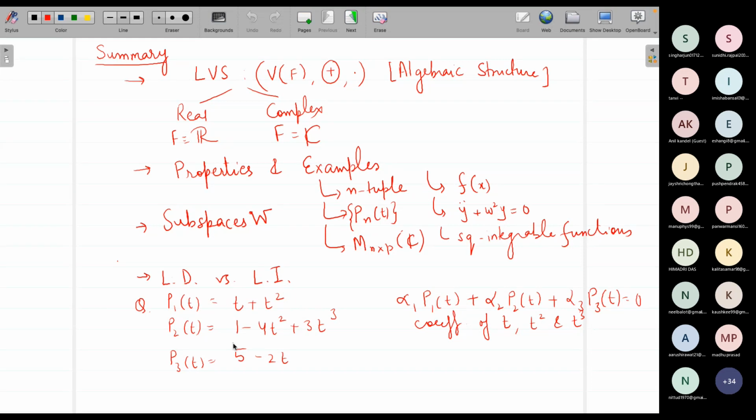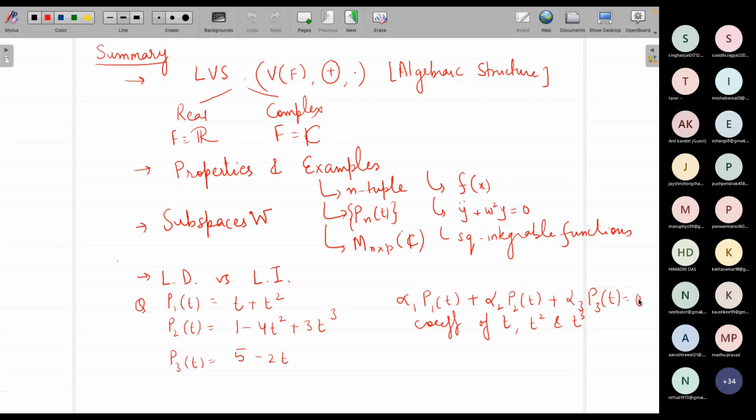Towards the end, I gave one of the problems and I asked you to figure out whether the set containing P1, P2 and P3, three polynomials, was linearly dependent or linearly independent. All you were supposed to do is write down the equation of the form alpha 1 times P1(t) plus alpha 2 times P2(t) plus alpha 3 times P3(t) and equate it to 0.